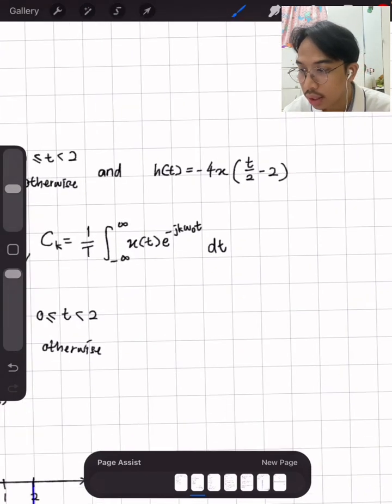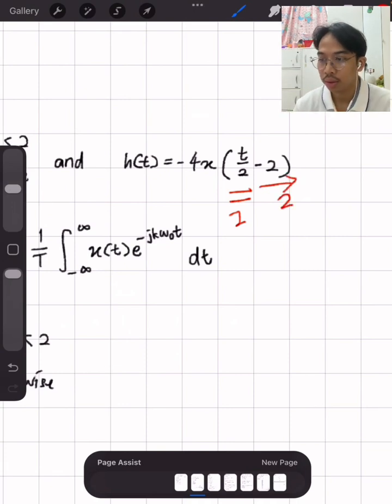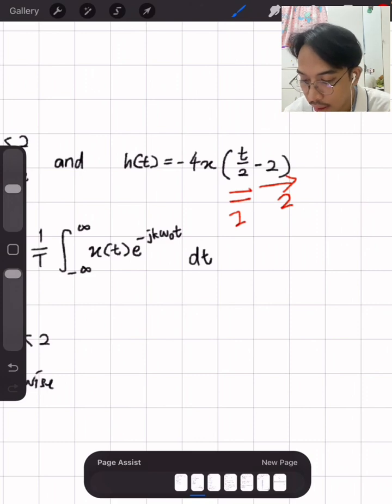So we can see here the signal is time scaled by a factor of 2 and shifted to the right by 2. The amplitude is scaled by negative 4.